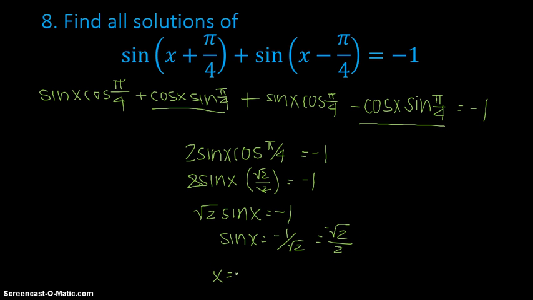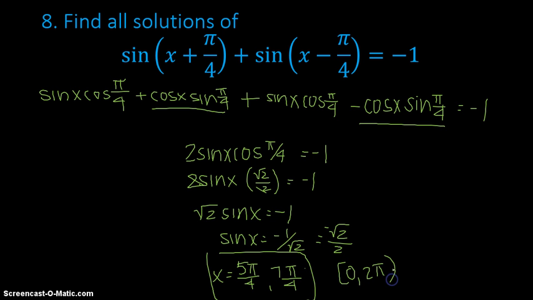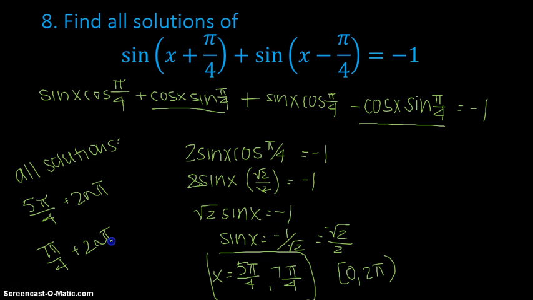So if I'm looking just from 0 to 2 pi, sine is equal to negative radical 2 over 2 at 5 pi over 4 and 7 pi over 4. So these are my answers from 0 to 2 pi. If I want all of my solutions, then I'll have 5 pi over 4 plus 2 n pi and 7 pi over 4 plus 2 n pi.